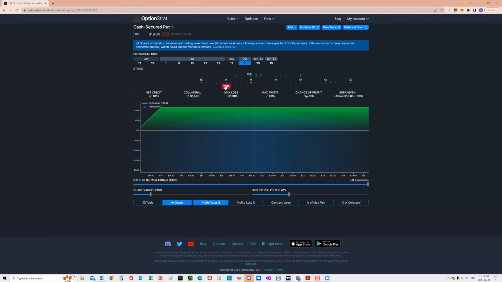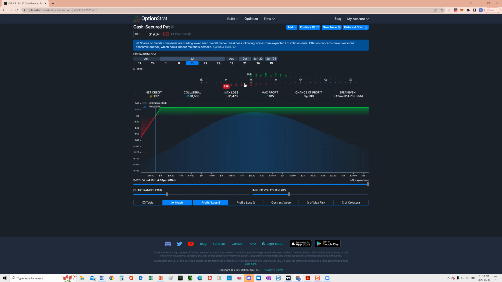The closer in you go, obviously, the less money that you're going to collect, right? So you collect $27 and have to put up $1,500. So this is one of the situations where, if you want to buy the stock, selling the put is probably the most effective way to do it if you want to pay a certain price, okay?